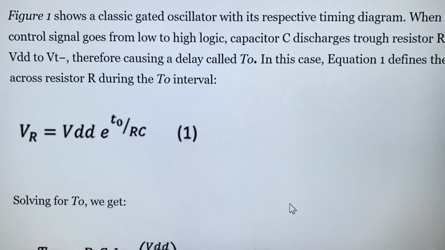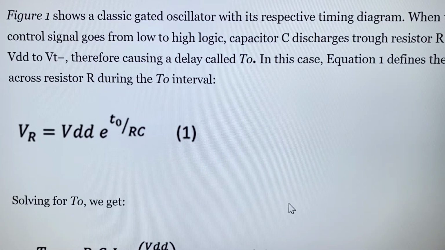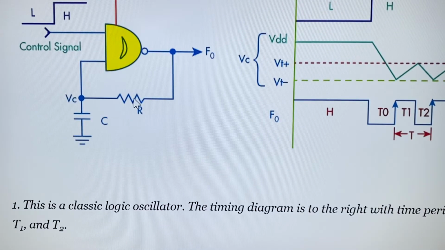But first, we have to see that T0 is the time for the capacitor to discharge. When the capacitor is discharging, it presents a voltage drop across resistor R, because this is to ground.